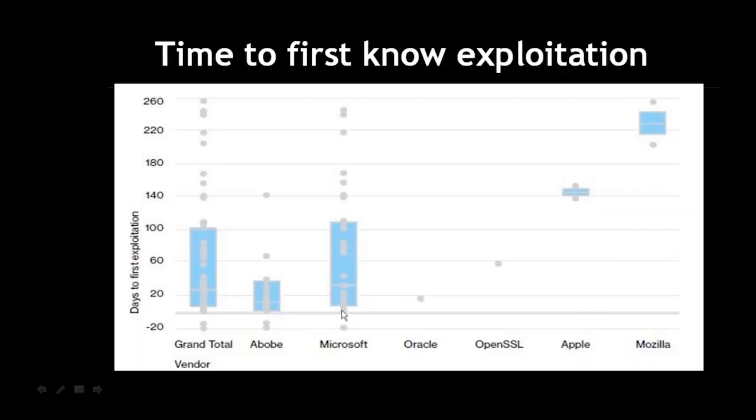The number of days to first exploitation is somewhere close to 200. All right, so that's the information that I get from the data breach report for the year 2016.